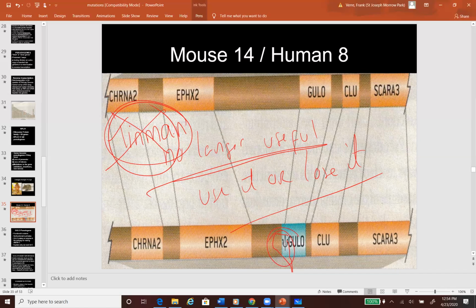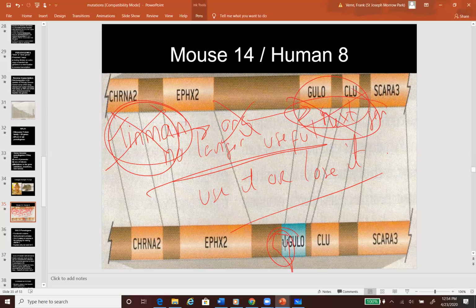Then that organism will not survive. The organism dies. And if the organism dies, that dead gene doesn't get passed on to the next generation. It's not possible. That's not going to happen.